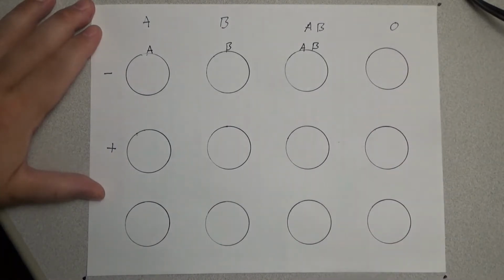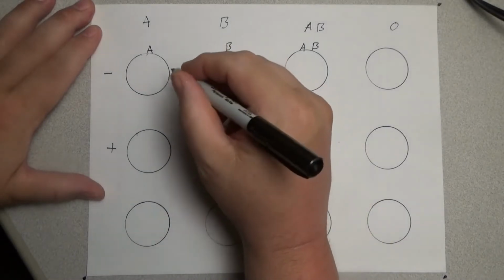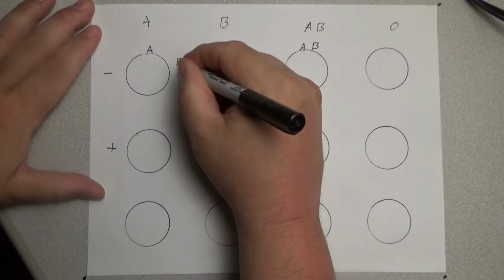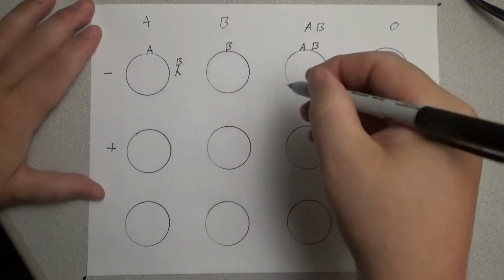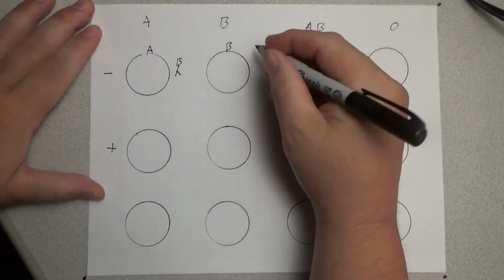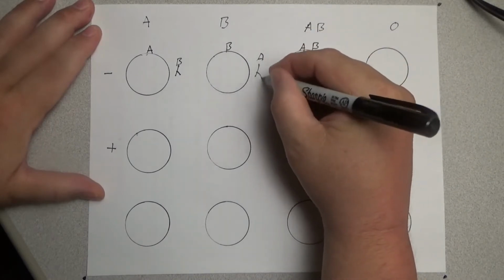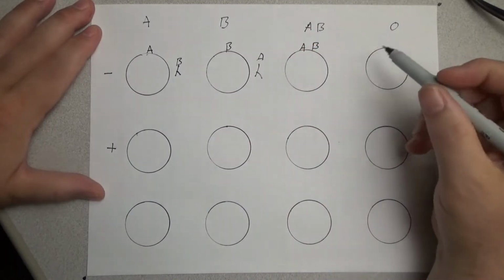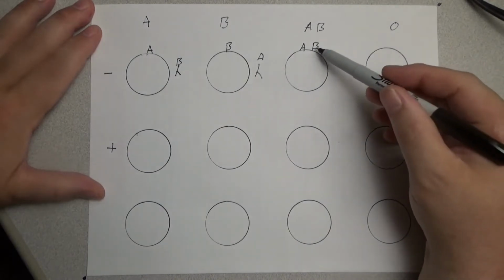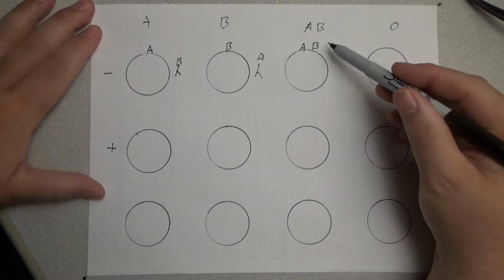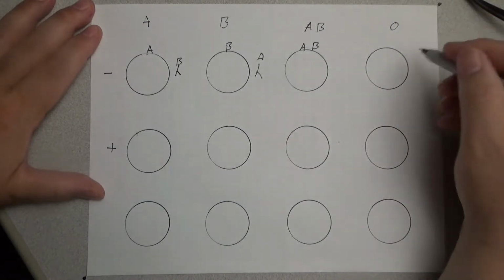Now, the antibodies that you will find in type A blood will be the B antibodies. The antibody we'll find in type B blood is the A antibodies. These symbols just mean antibodies. And you will not find either the A or the B antibody on type AB blood.